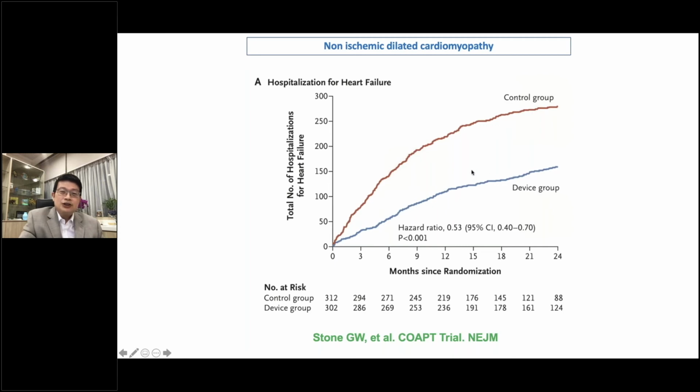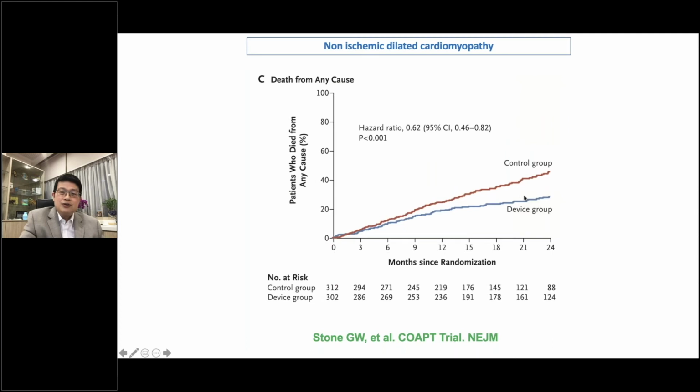And in this study, they showed that those who had the device correction, the mitral clip of the mitral regurgitation, the hospitalization for heart failure decreased by about half, and their survival also improved. The death from any cause was reduced significantly in those who had the mitral clip compared to those who remain on optimal medical therapy.